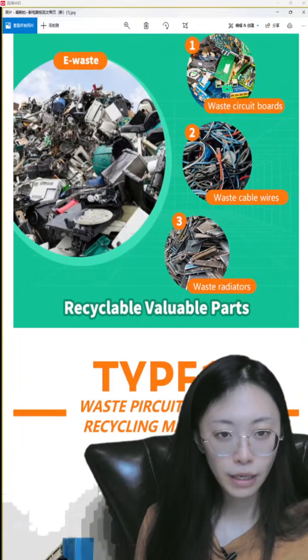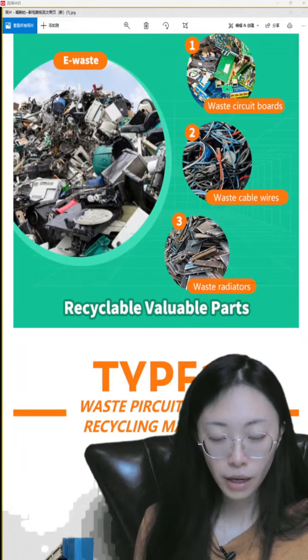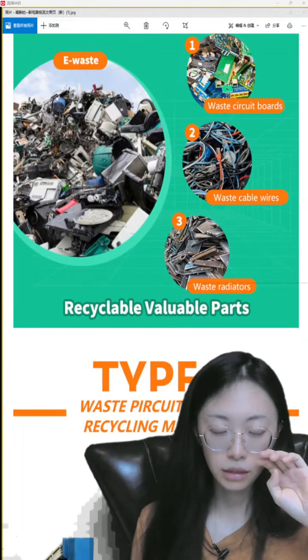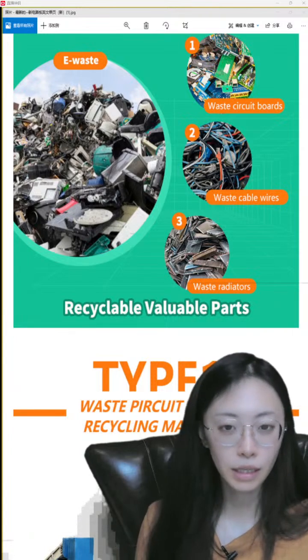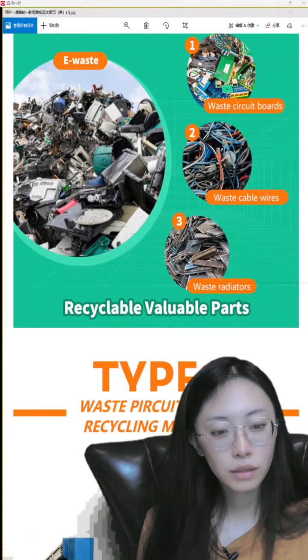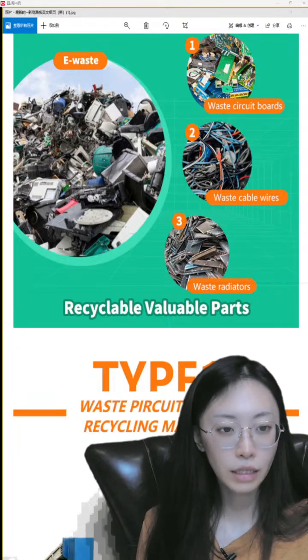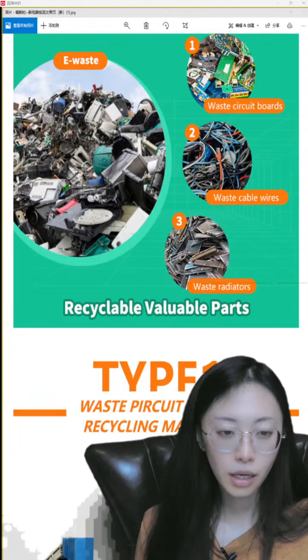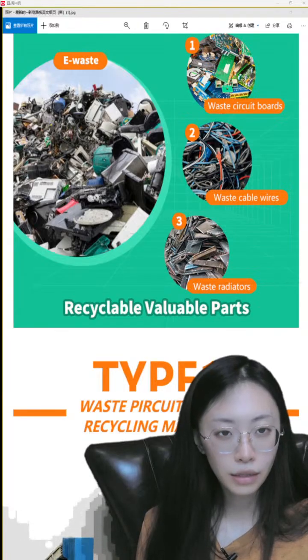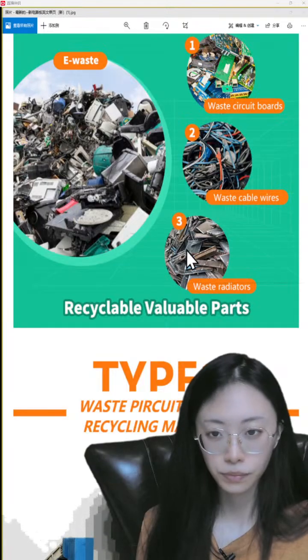And by the way, we also have the solar panel recycling machine and the lithium battery recycling machine. While the technique is very similar, we have different final products and different ways to crush and recycle them.